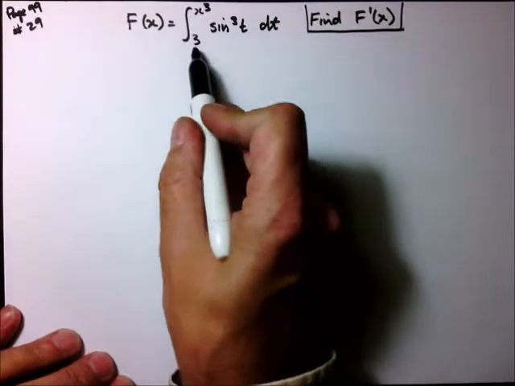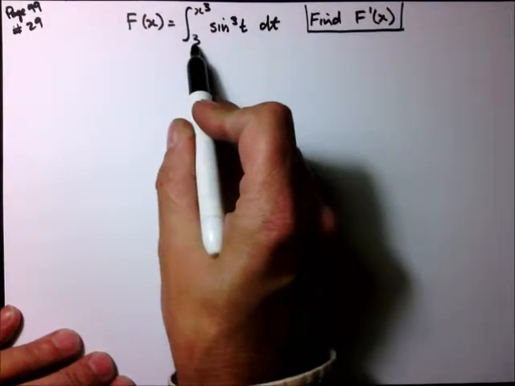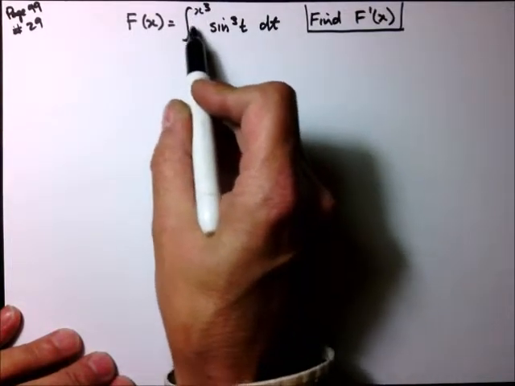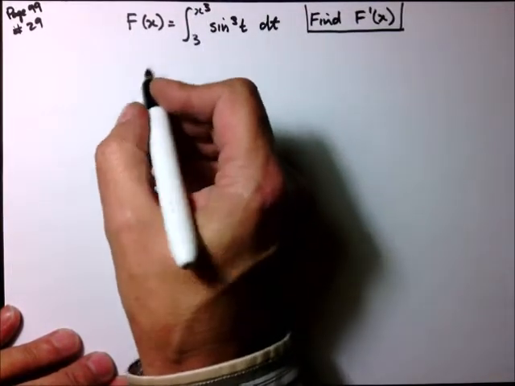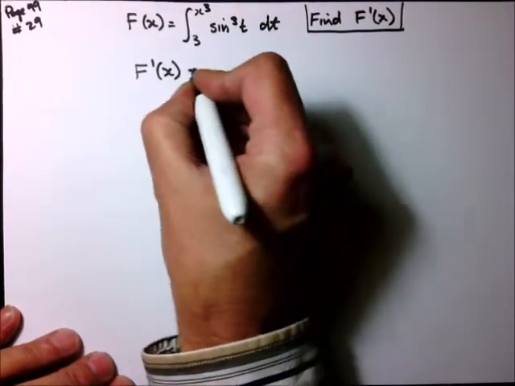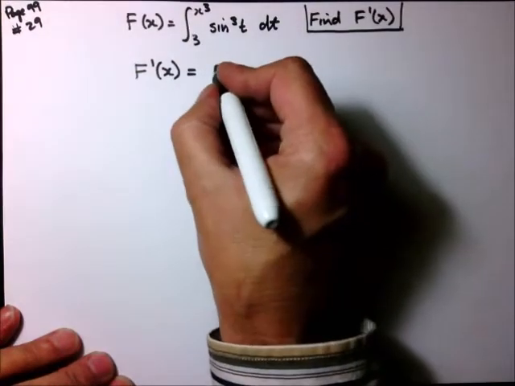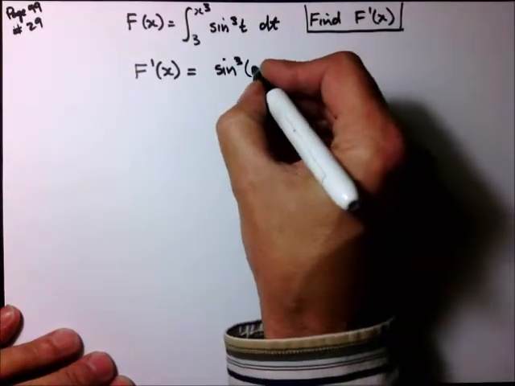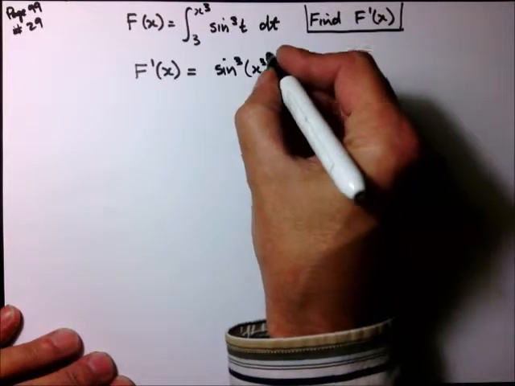In this case it's simple because we have a constant as our lower limit of integration and we have the function as our upper limit of integration, so we don't need to change anything here. So F prime of x would simply be equal to sine cubed of x cubed.